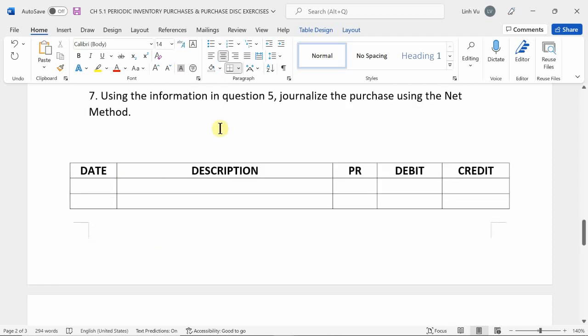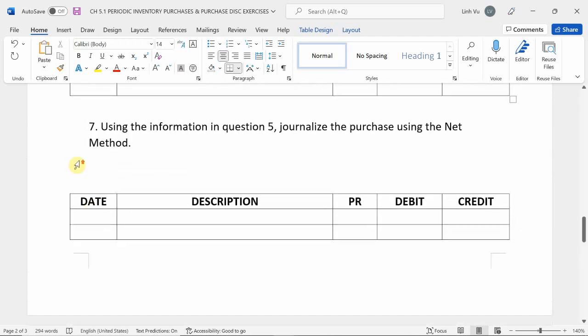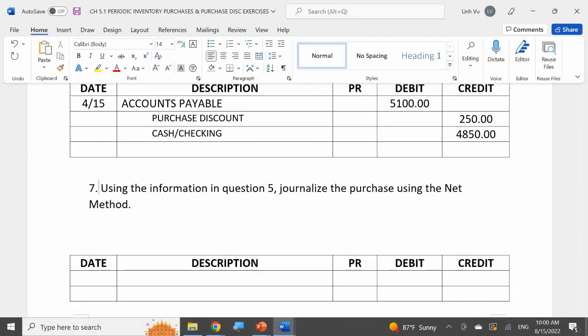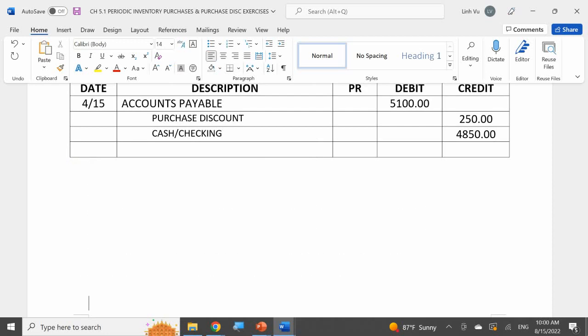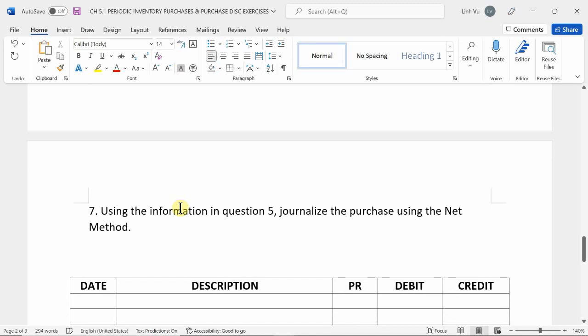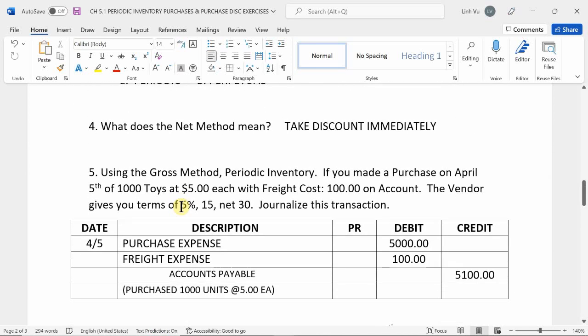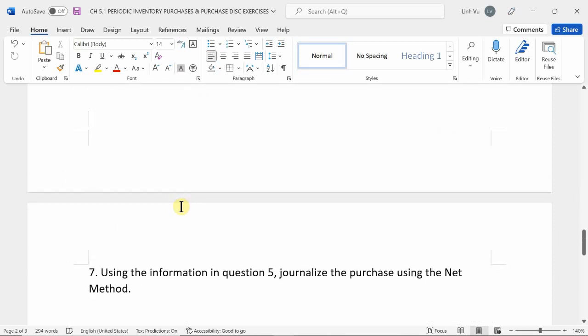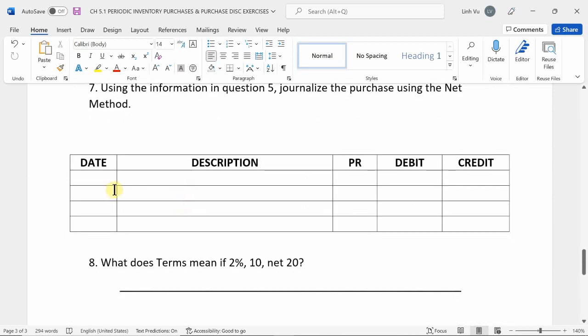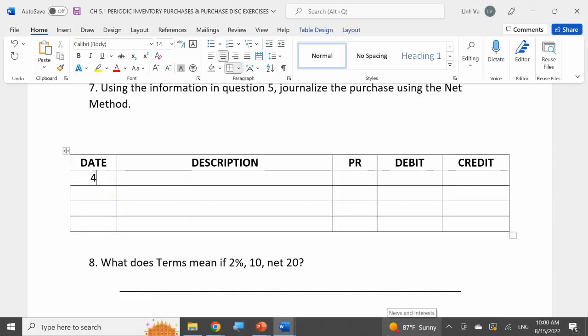So, again, we're going to ignore the payment there. I want you to journalize question 5 using the net method. In this case, I purchased 1,000 units at $5 each, with a freight cost of $100, and my terms are 5% 15 net 30. So how do I record this using the net method? You will be doing purchase expense.